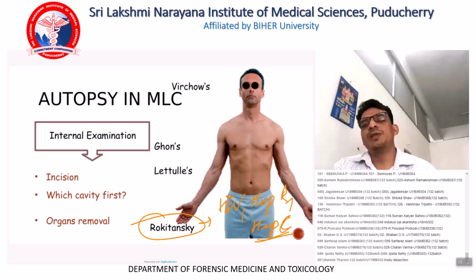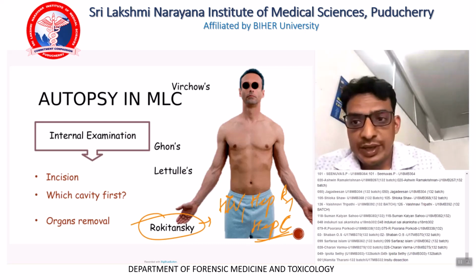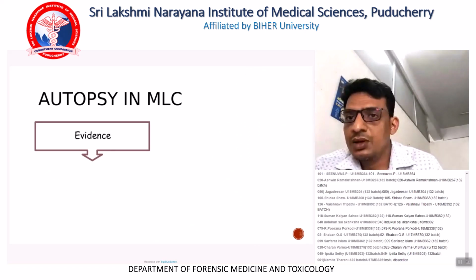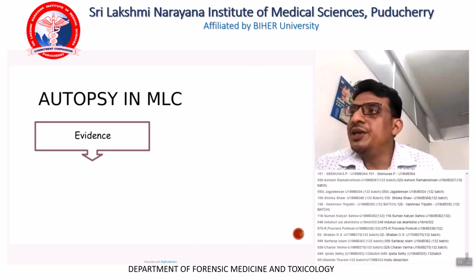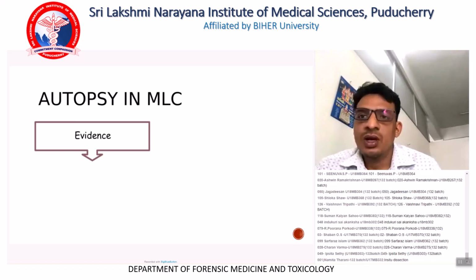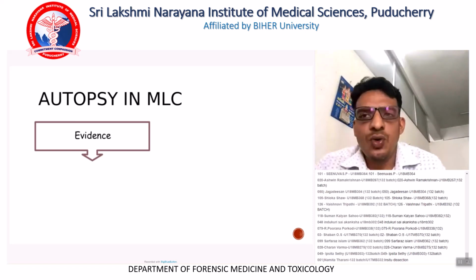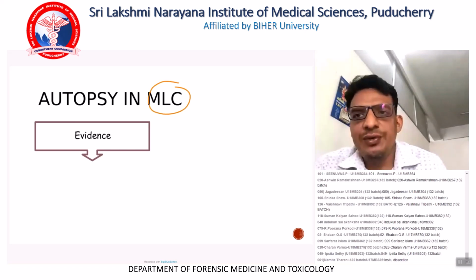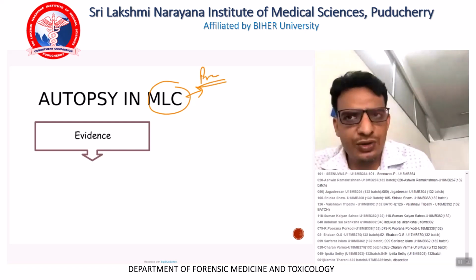Next, one important thing that we see in autopsy is one important objective. What we have done today is look at different examination procedures in autopsy. But the first thing that we should make clear is what the objectives of a medico-legal autopsy actually are.